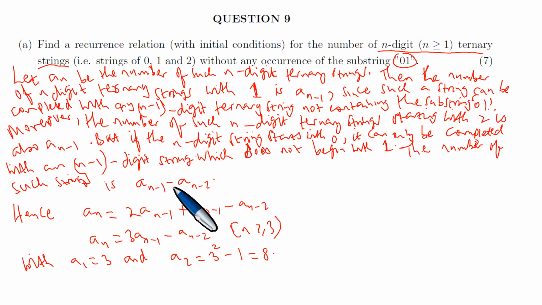So the understanding is that in those strings that begin with 0, you remove this substring. And this substring obviously is a 2-digit string, so you subtract that, a_{n-2}. And therefore, this is what you get.